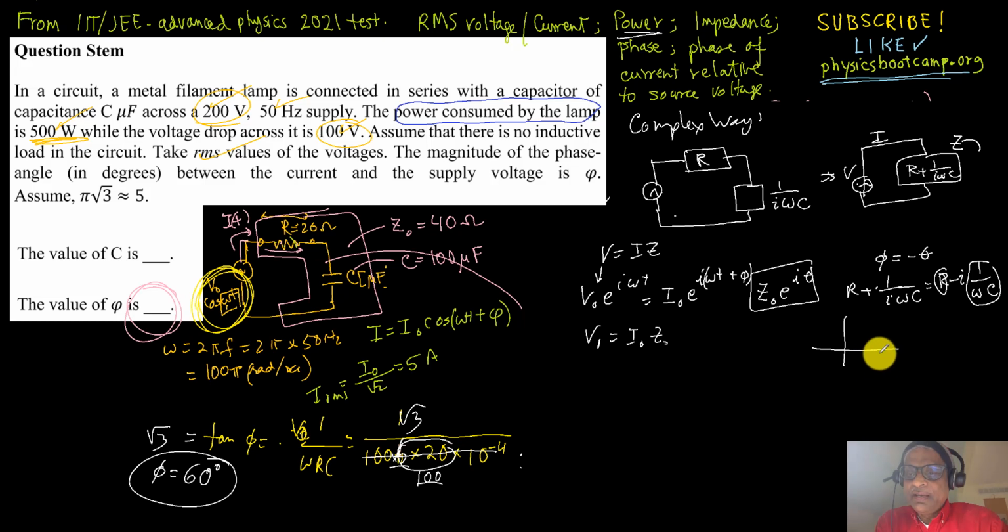You can see this is R and this is 1 over omega C, and so you can see that's going to be theta.